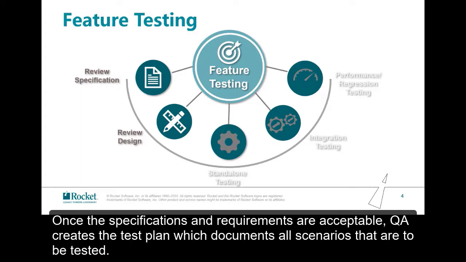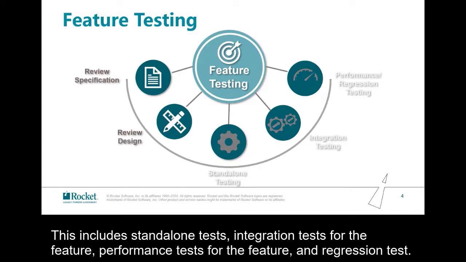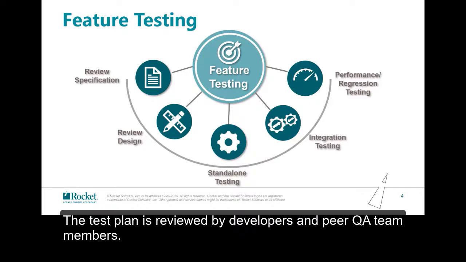Once the specifications and requirements are acceptable, QA creates a test plan which documents all scenarios that are to be tested. This includes standalone tests, the integration test for the feature, the performance test for the feature, and the regression testing. The test plan is reviewed by the developers and peer QA team members.